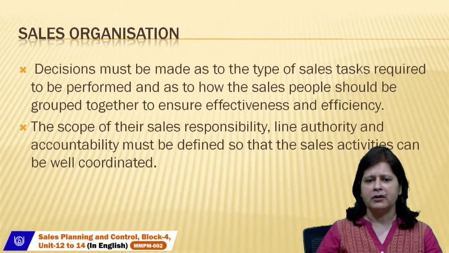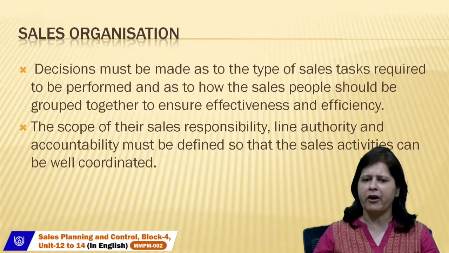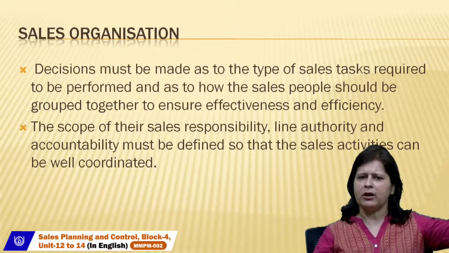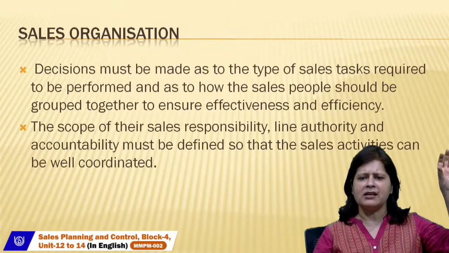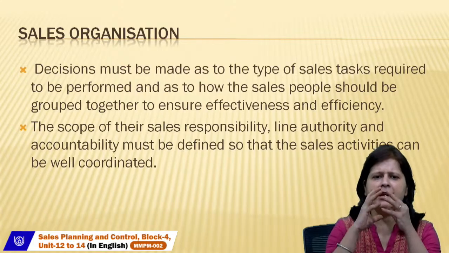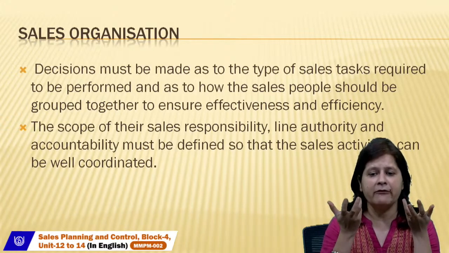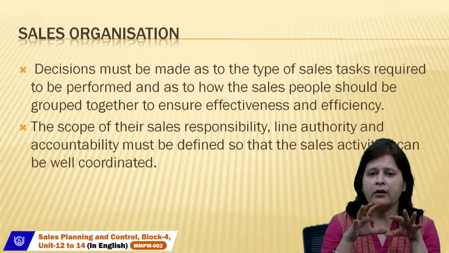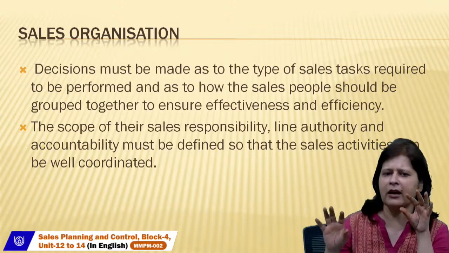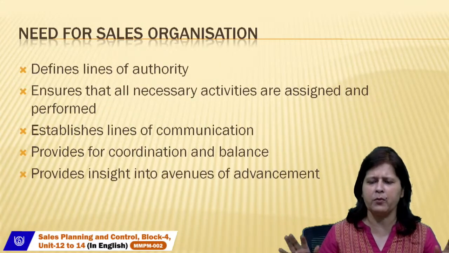The scope of their sales responsibility, line authority and accountability must be defined so that the sales activities can be well coordinated, right? We have defined the quota, and now it is important to make a sales organization, that is, how we can make groups of salespersons so that we can use them effectively and efficiently. It is very important that we define the responsibilities, authorities and accountabilities of each salesperson. It should be well defined.